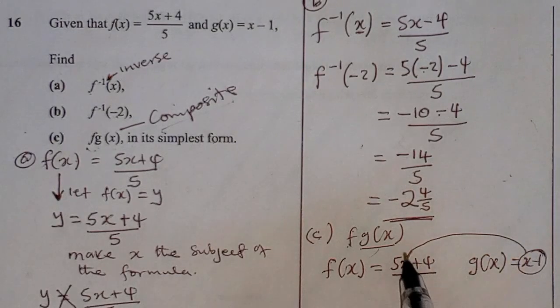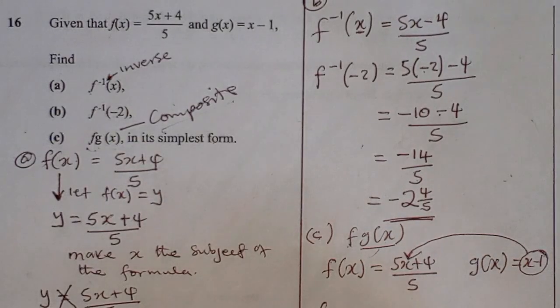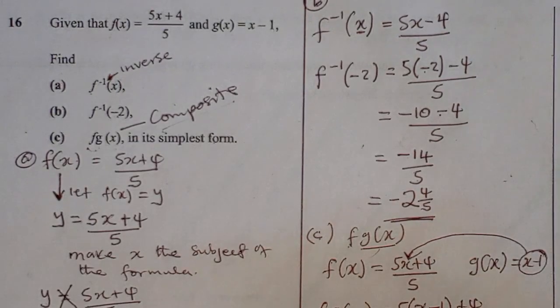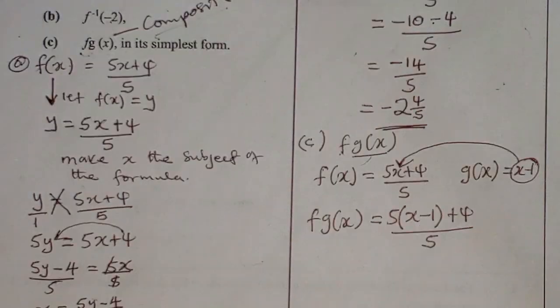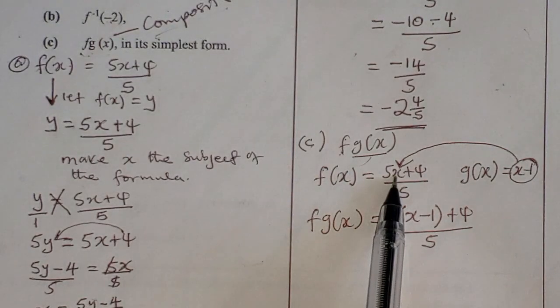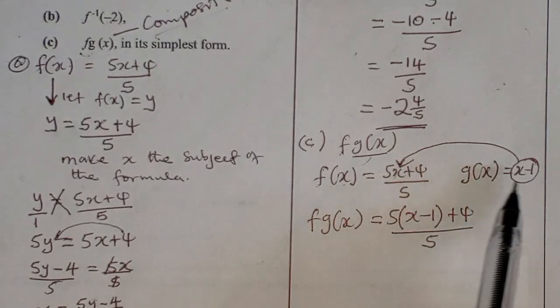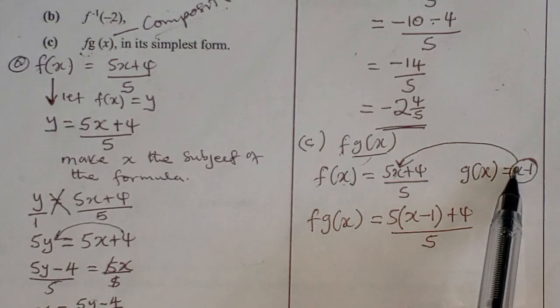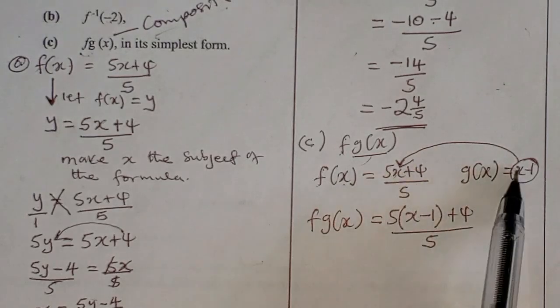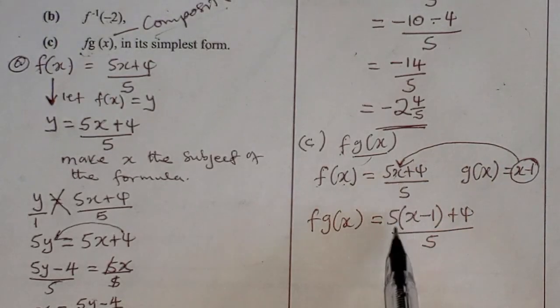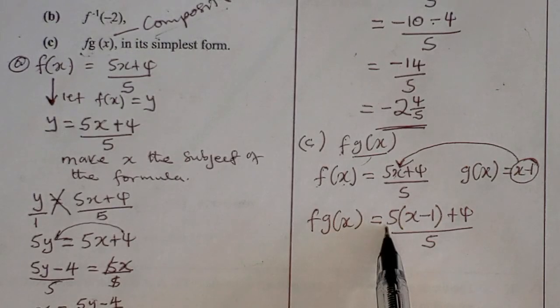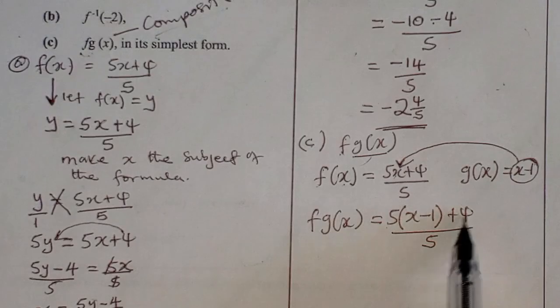So fg of x equals, where there is x, we substitute x minus 1. So we have 5 open bracket x minus 1 close bracket, plus 4, over 5.